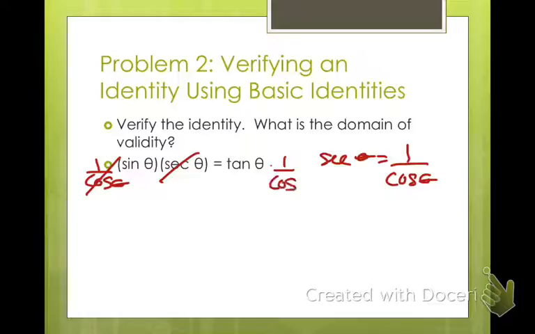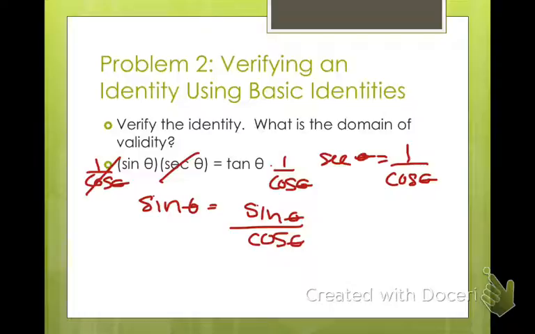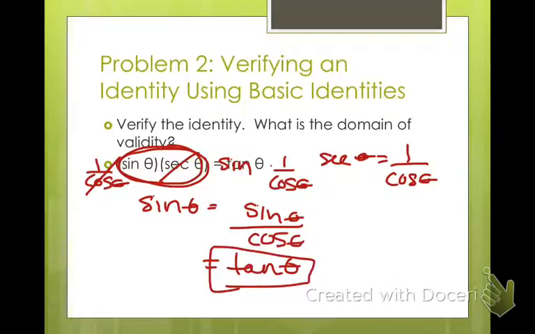So we have sine theta equals sine theta over cosine theta. Oops, this was supposed to say sine here. Okay, so this is tangent theta. So sine theta times secant theta is tangent theta.